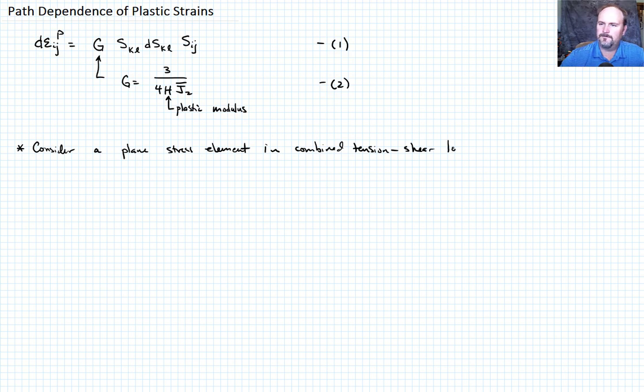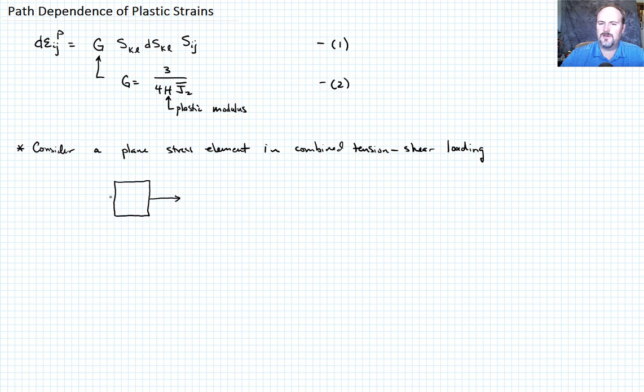Okay, so let's draw a little bit of a picture of this. So here's our element. Okay, so just some element that we're going to apply a stress to.